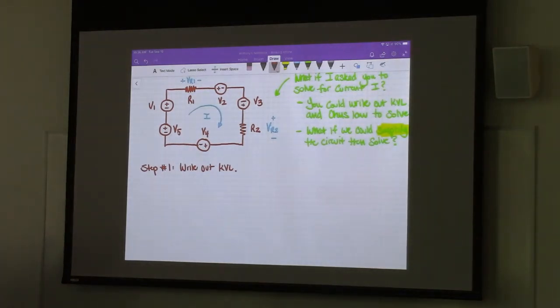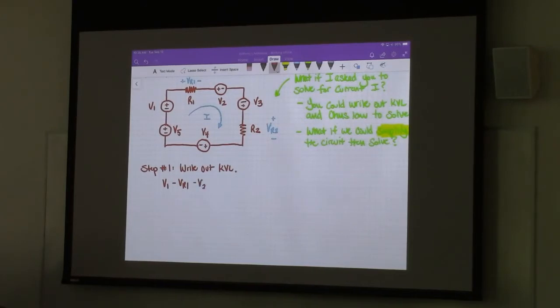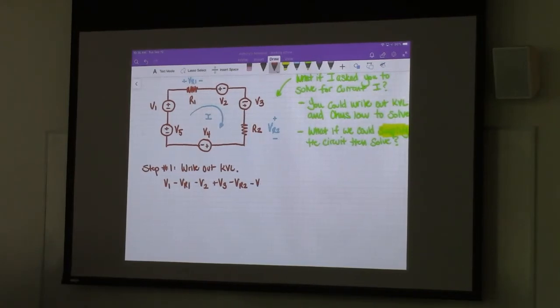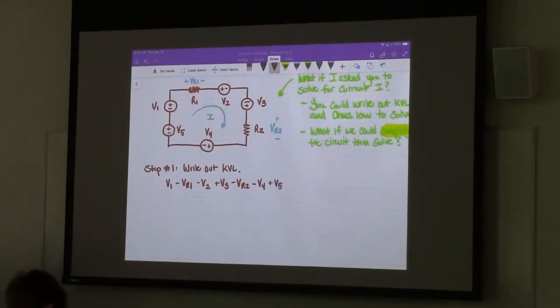I'm just going to go around starting from V1. So we have V1 minus VR1 minus V2, just really quickly eyeballing the polarities, plus V3 minus VR2 minus V4 plus V5 equals 0.